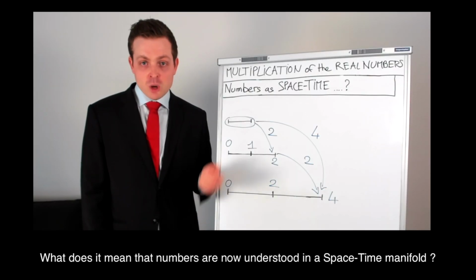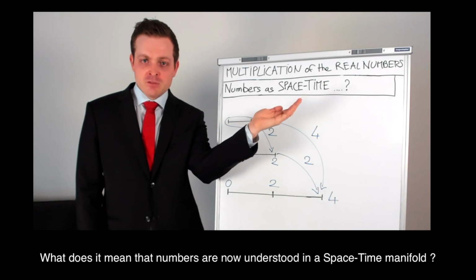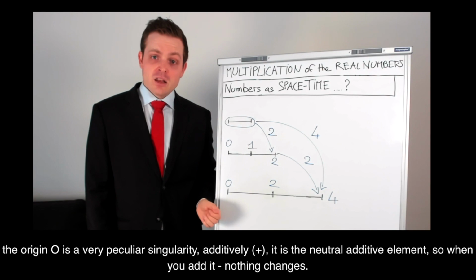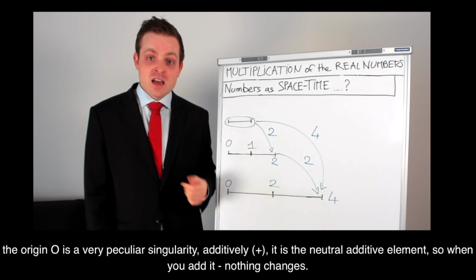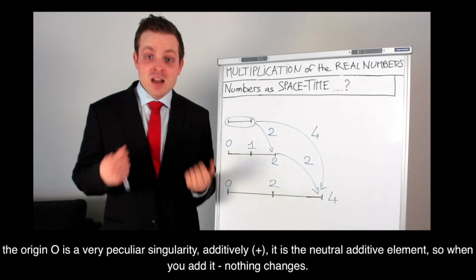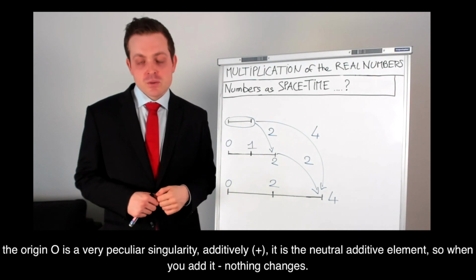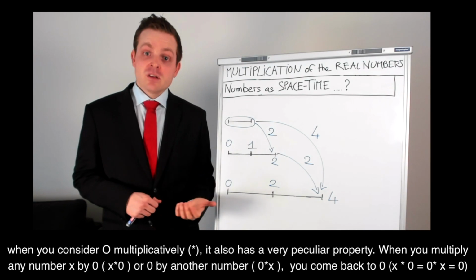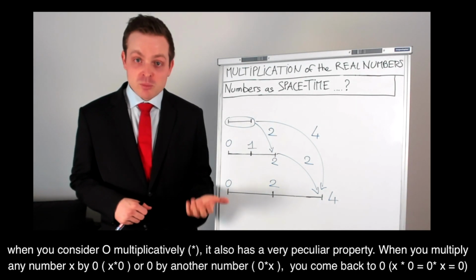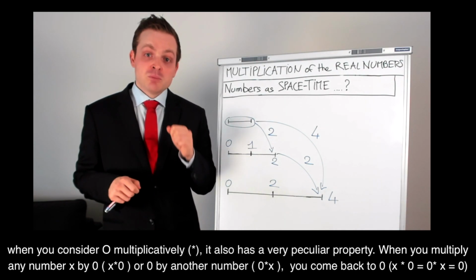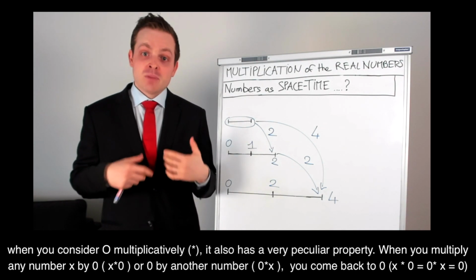What does it mean that numbers are now understood in a space-time manifold? Let's take the origin, for example. So the origin is this very peculiar singularity that additively is the neutral additive element. Therefore, when you add it does not add anything to the story, nothing changes. But when you consider it multiplicatively, it also has a very peculiar property, because whenever you multiply any number by 0, or if you multiply 0 by any other number, you come back to 0.